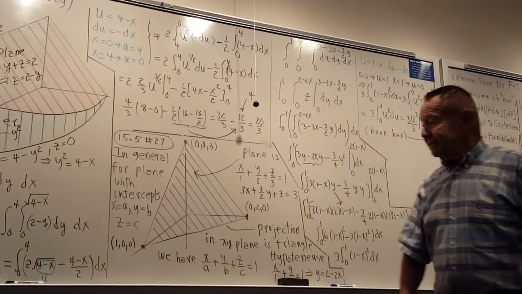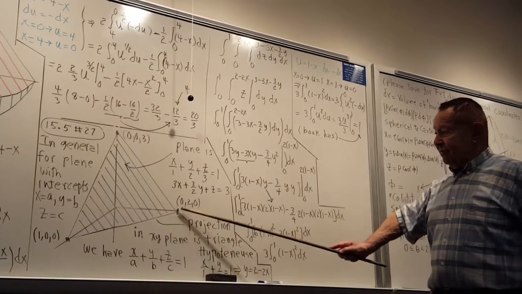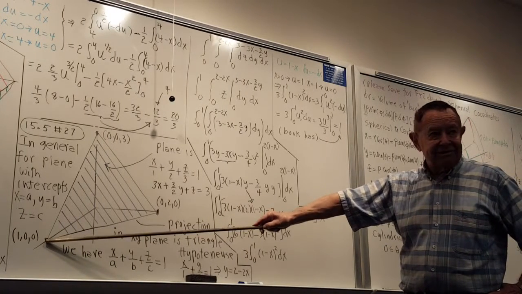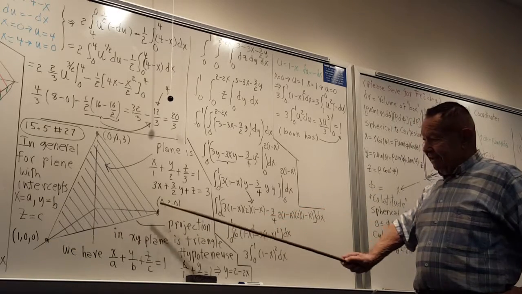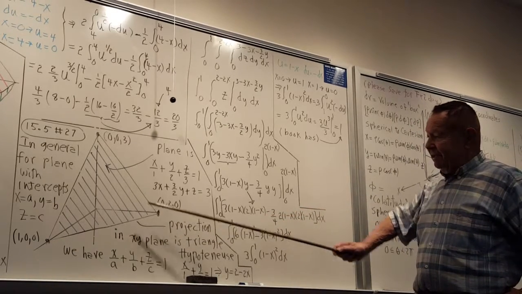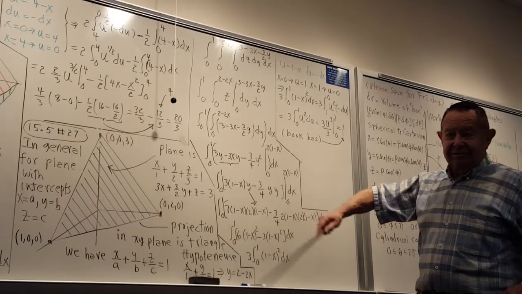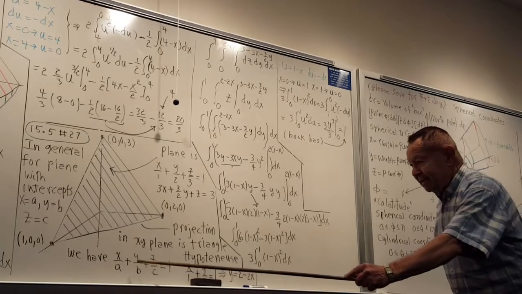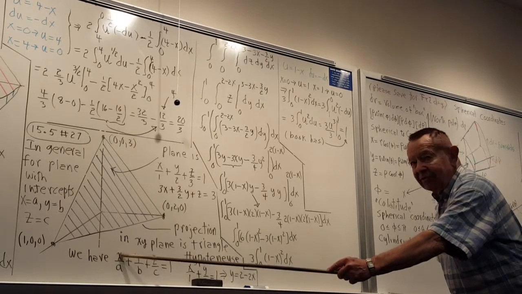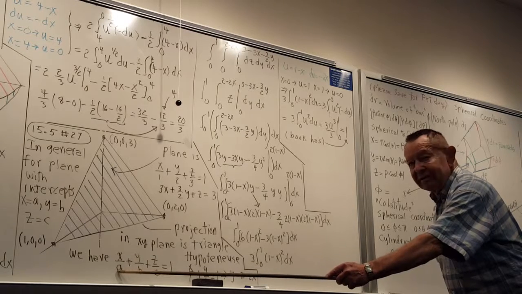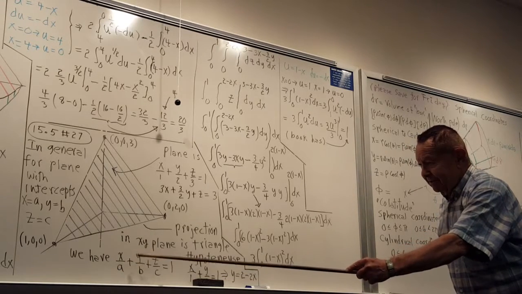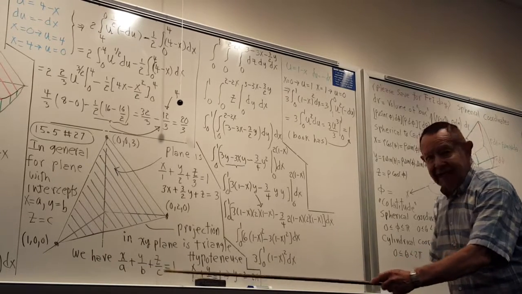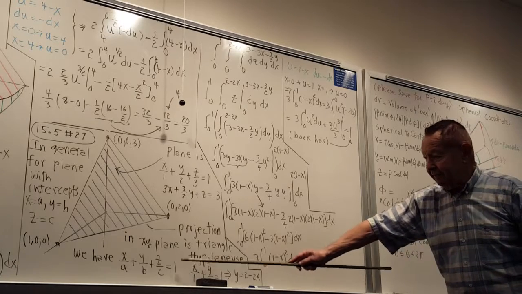So if you have this simpler kind of pyramid, then if you know the x-axis intercept, say is A, and the y-axis intercept is B, and the z-axis intercept is C, if you know that, then the corresponding equation of the plane is x over the x-axis intercept plus y over the y-axis intercept plus z over the z-axis intercept equal 1.